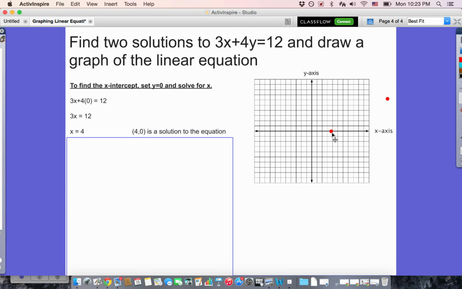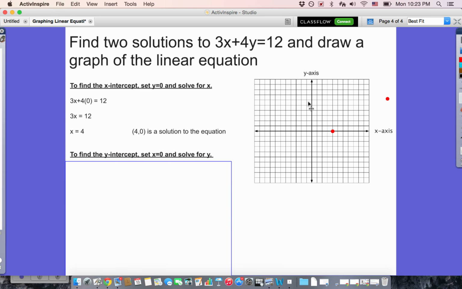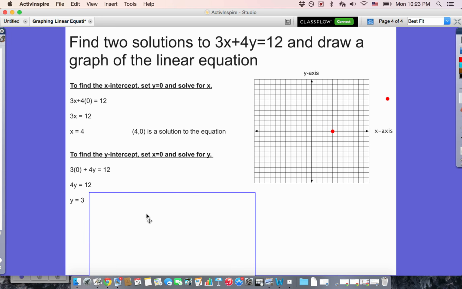1, 2, 3, 4. Okay, and if I want to find the y-intercept, remember the x-coordinate for the y-intercept is going to be 0. So I want to set x equal to 0 and solve for y. That's 3 times 0 plus 4y equals 12, which is 4y equals 12. And then y is going to equal 3.